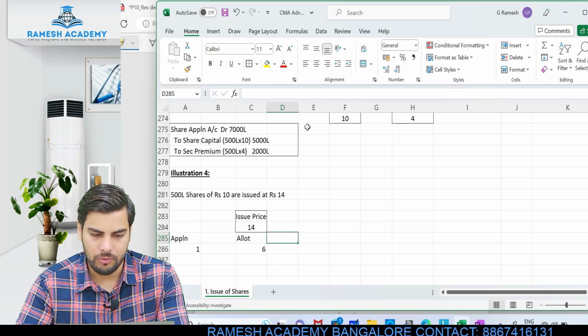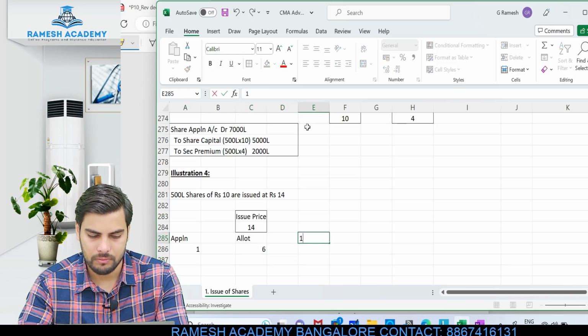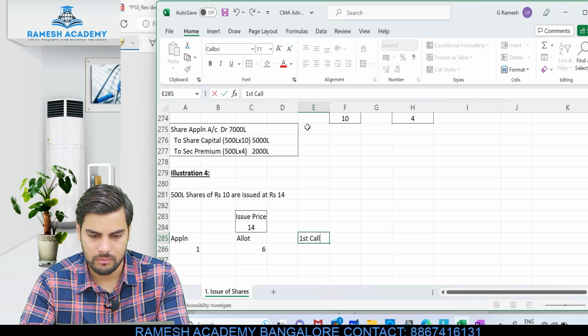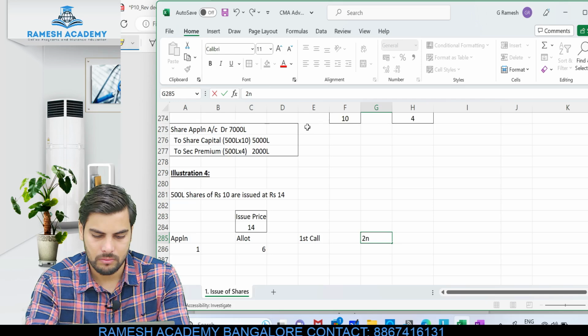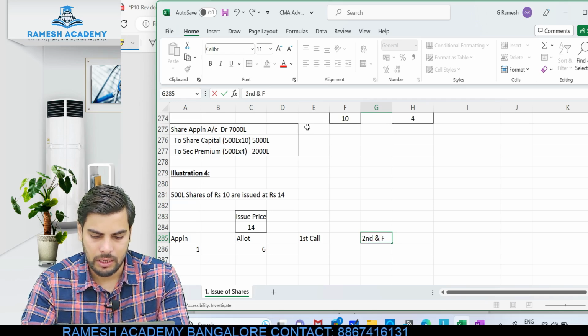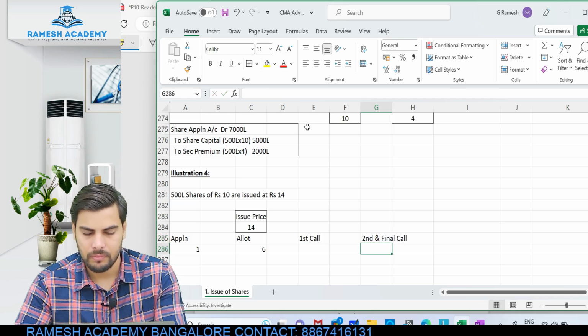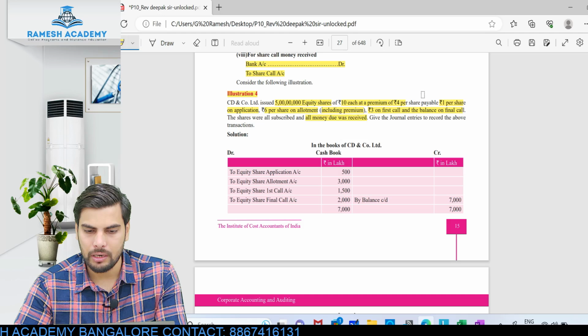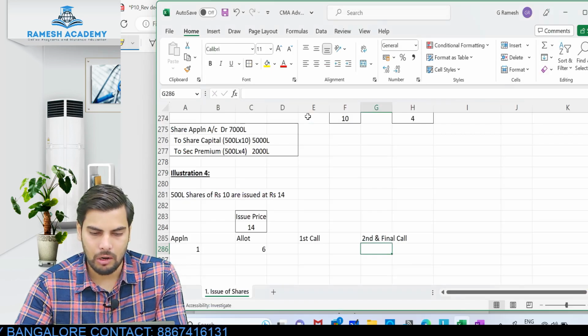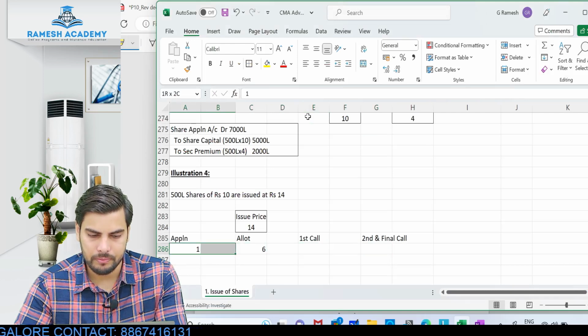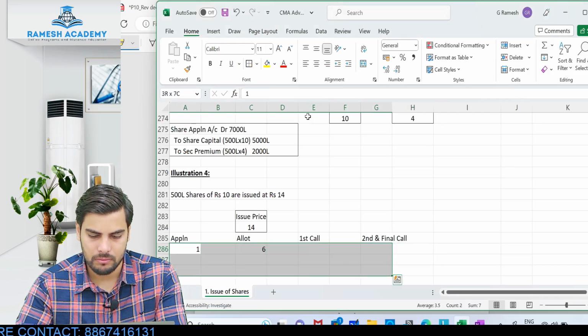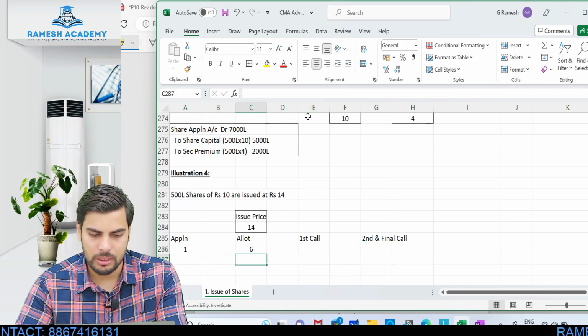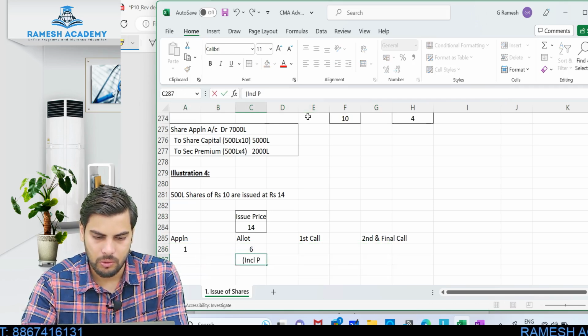Then we have first call, second and final call. How much is the amount we are receiving at the time of application? They have clearly mentioned 1 rupee per share on application, 6 rupees per share on allotment including premium.